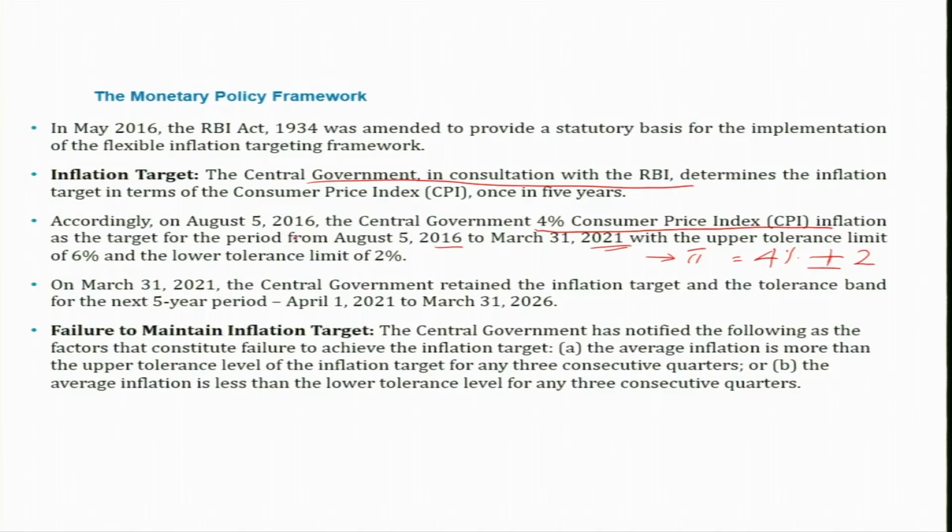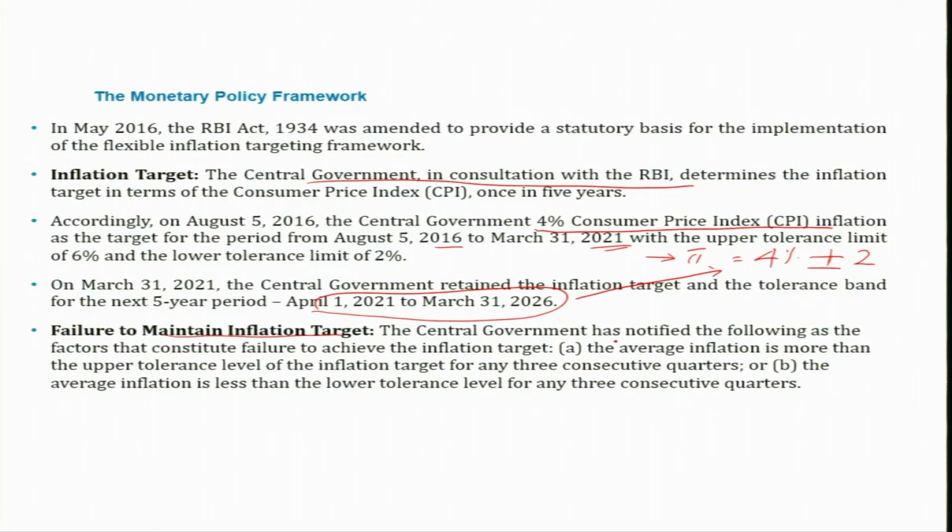And again, initially it was till 2021. This has been extended to 2026. The same band, that is, the target is 4% with the upper limit and lower limit being 2%. It is not necessary that the RBI is able to maintain this lower limit and upper limit every time, but there can be some instances where they can fail.